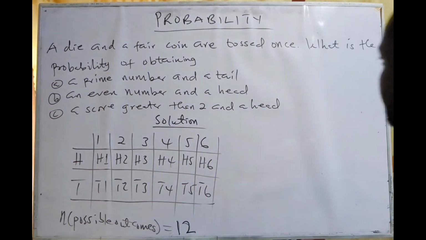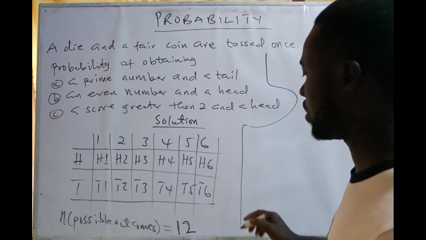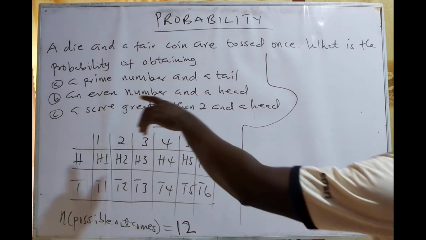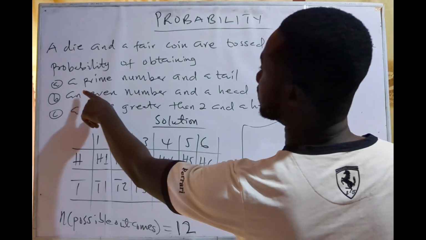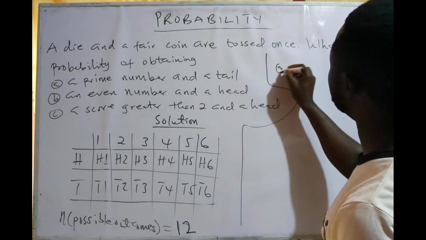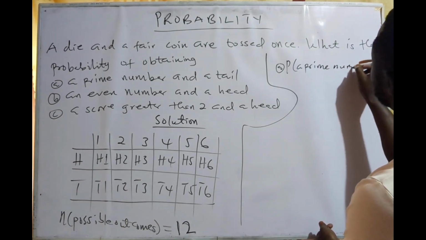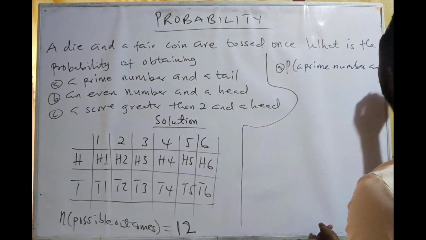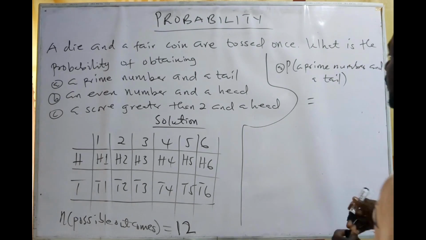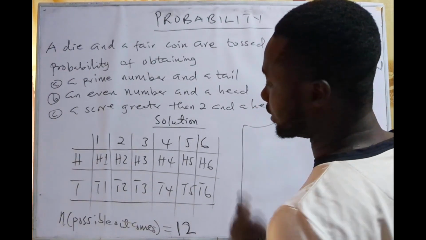Okay, so let's go through the question. We have gotten the number of possible outcomes to be 12. So we can now answer the question. Find the probability of obtaining a prime number and a tail. So we are going to look at where we have a prime number and a tail.